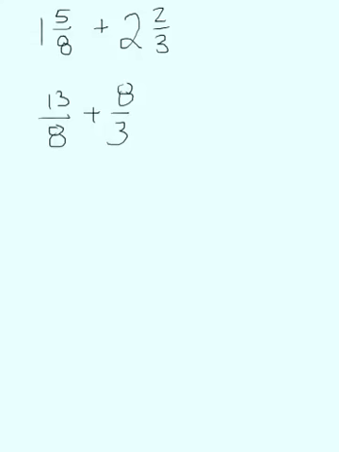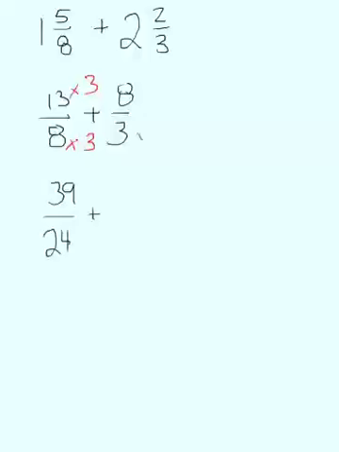Okay, first fraction, we're multiplying top and bottom by 3. 13 times 3, 39 over 24 plus.